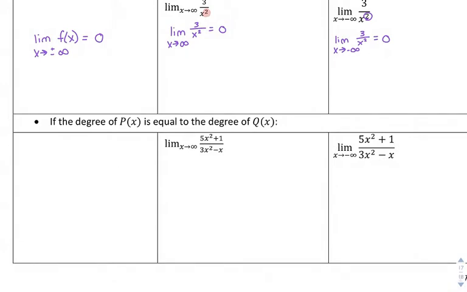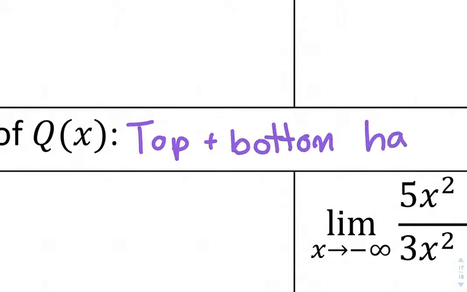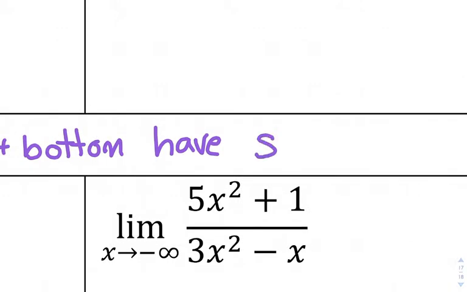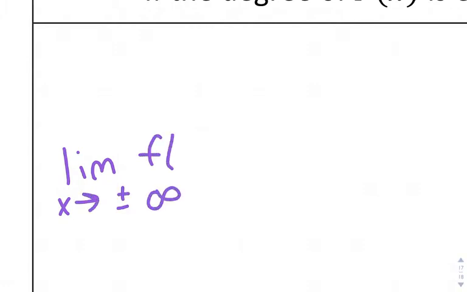Next one is what if your degrees are equal, which means the top and bottom have the same degree. If the top and the bottom have the same degree, no matter if it's approaching negative infinity or positive infinity, we're going to take the leading coefficient of both the numerator and denominator and divide them.